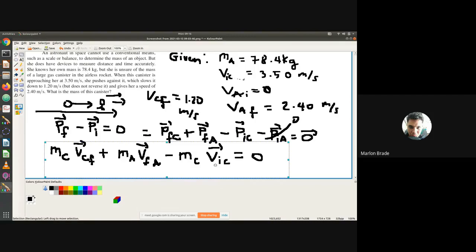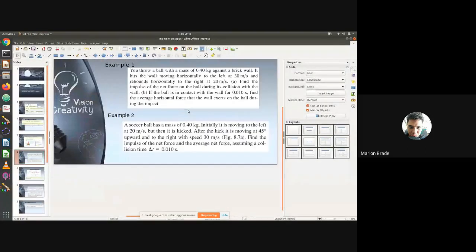Okay, our first problem, example 1 or example 2, right? Momentum is not conserved there. Notice that it ran 30 meters per second to the left, then after it bounced it was only 20 meters per second. So the momentum is not conserved, because there is an external force involved. What is the external force?